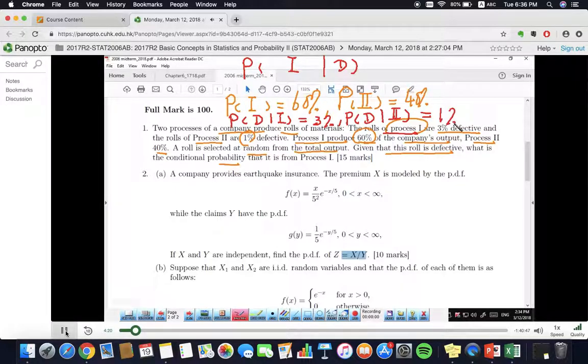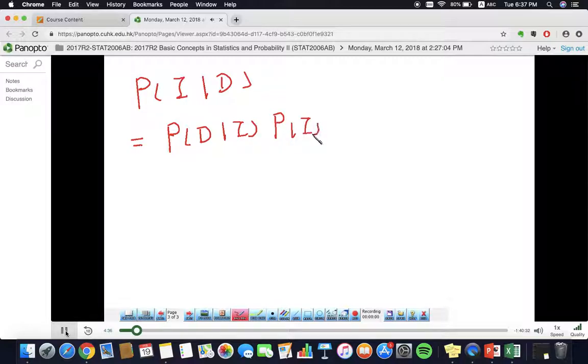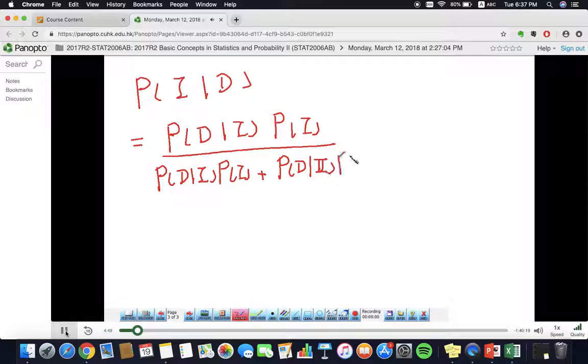So what you have to do now is find P(I given D). In other words, it's the same as finding P(D given 1) times P(1), and then divided by what? Divided by P(D given 1) P(1), together with the other part, P(D given 2) P(2).